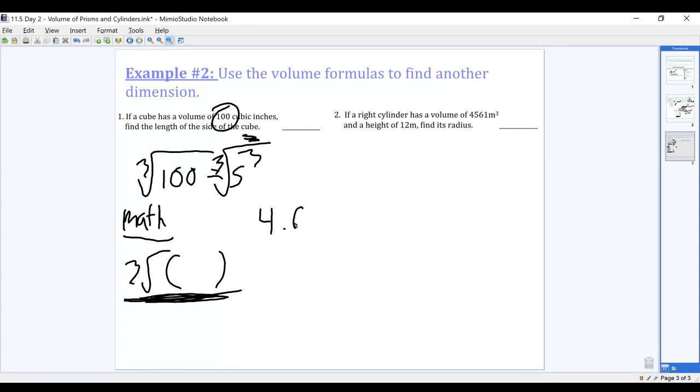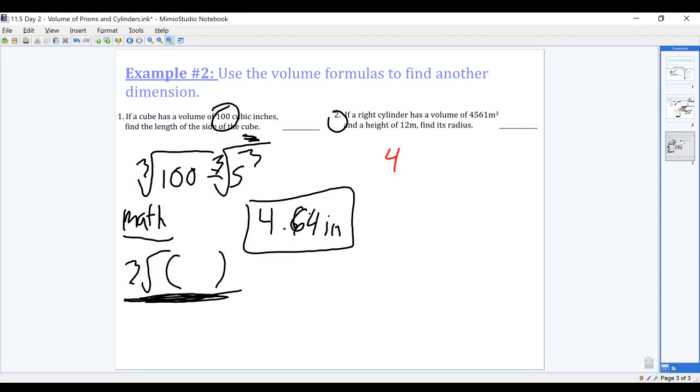Yes, 4.64. And since this is a side, we're going to call it inches because it's one of the sides, not the volume. All right, and then for this last one here, I'll try a different color if I can click it. There we go.